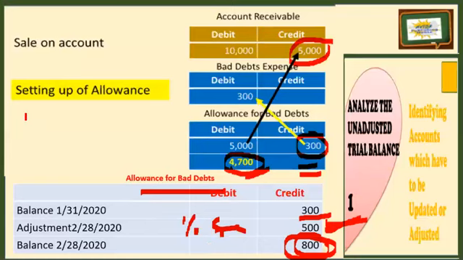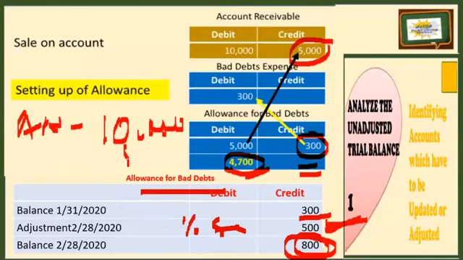So if you have an accounts receivable of, let's say in our example, 10,000, and then allowance for bad debts as 800, the net realizable will be 9,200.